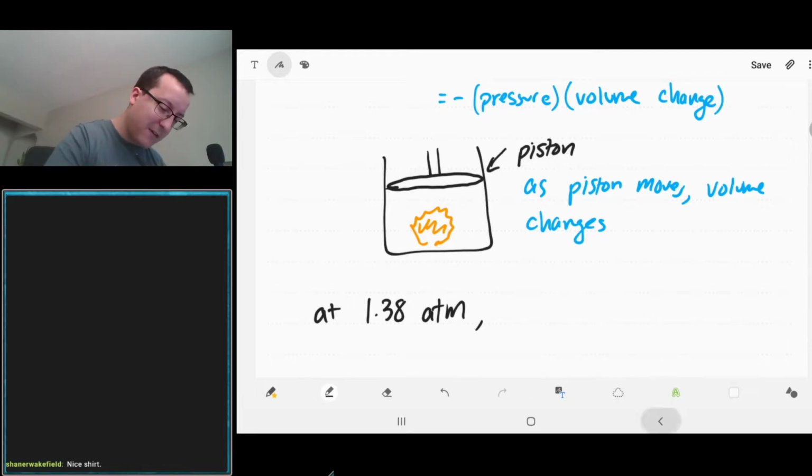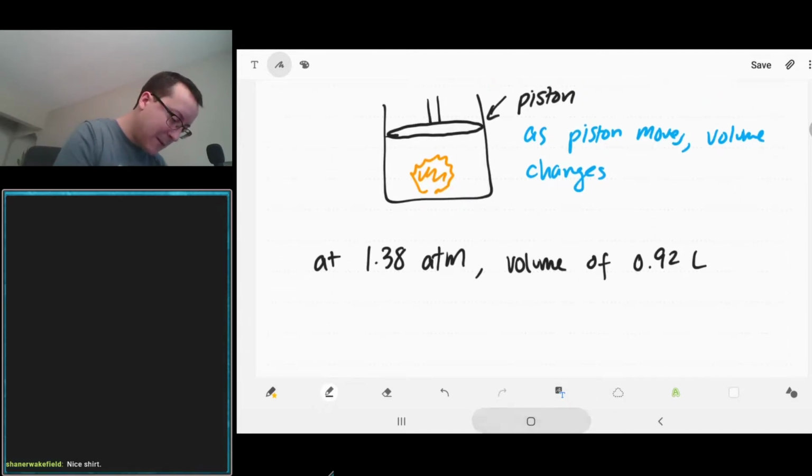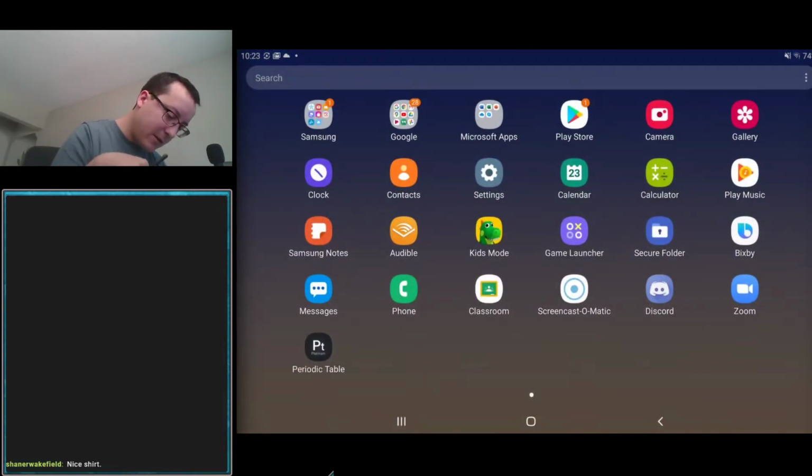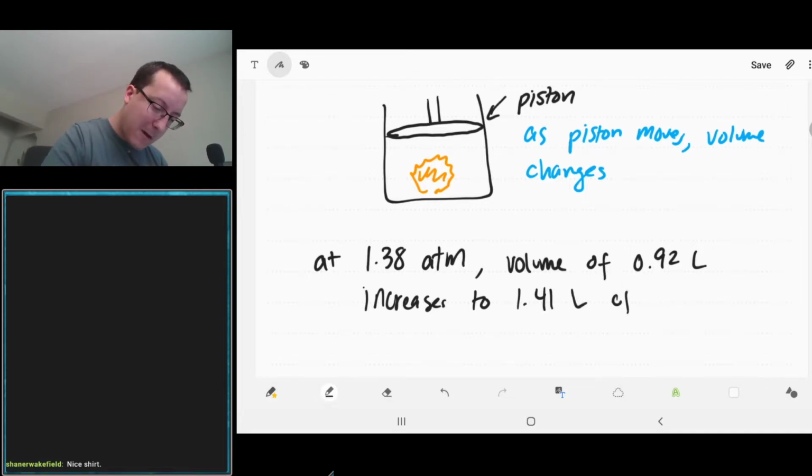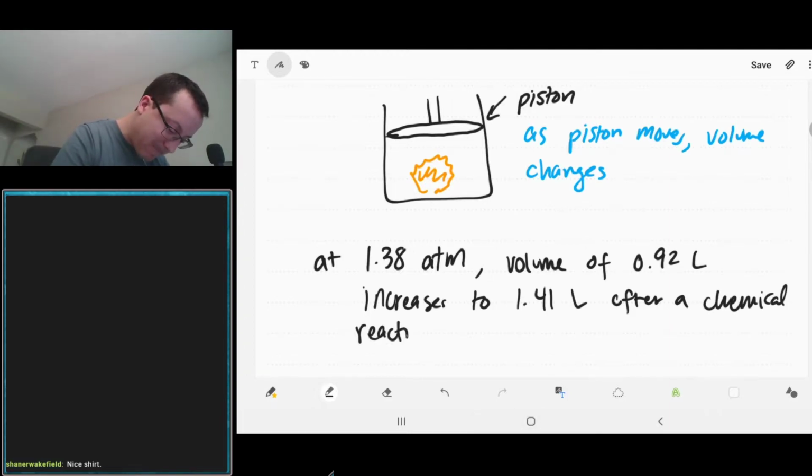Let's just say we have a volume of 0.92 liters that increases to 1.41 liters after a chemical reaction.